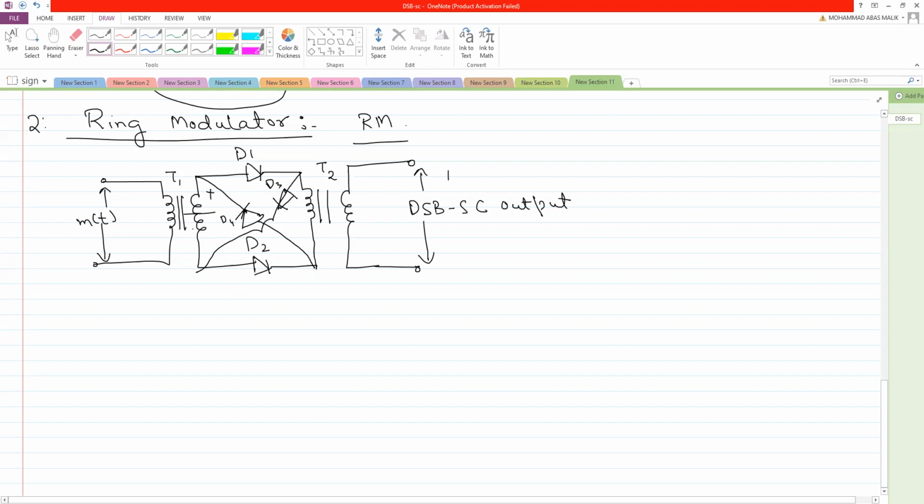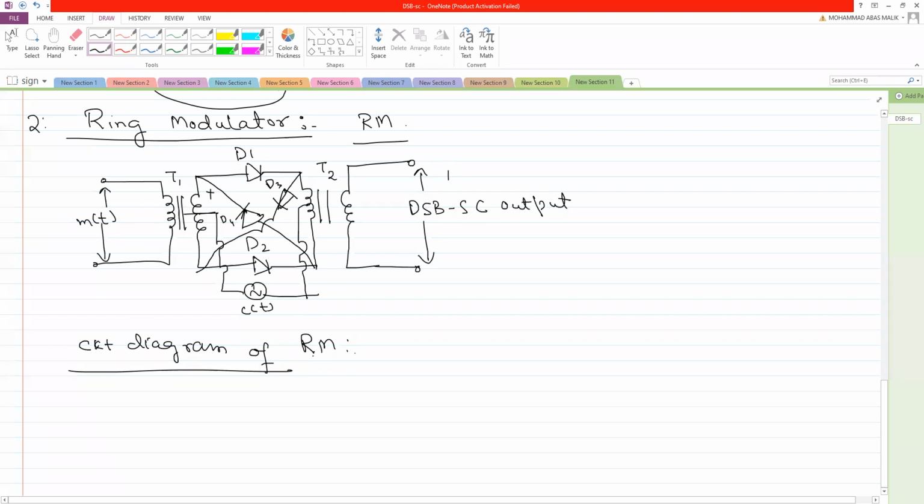Then this point here, this one is your C of t, and this will go to this. Are you getting me now? This is the circuit diagram of the ring modulator. Saib, are you getting me? Yes, sir. Okay, this is the final diagram.